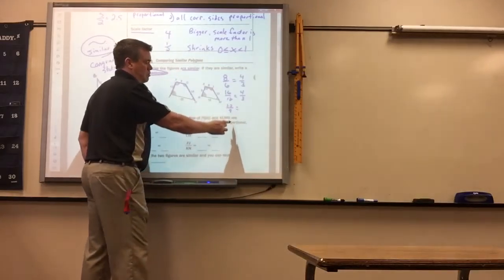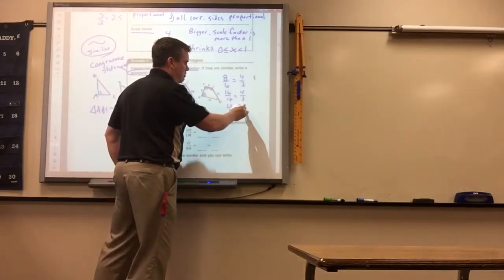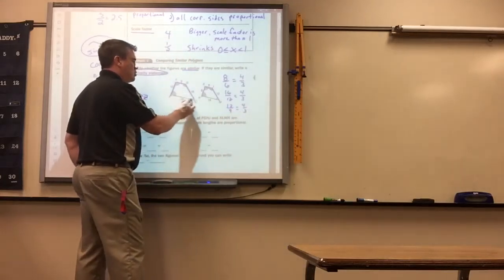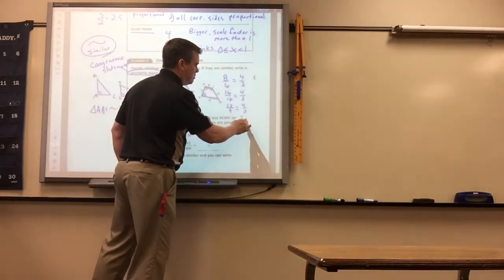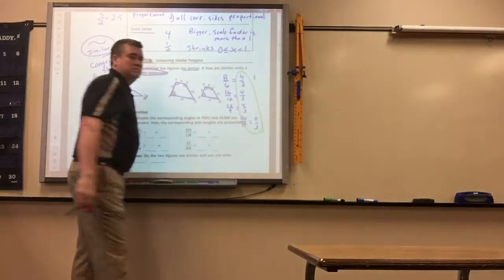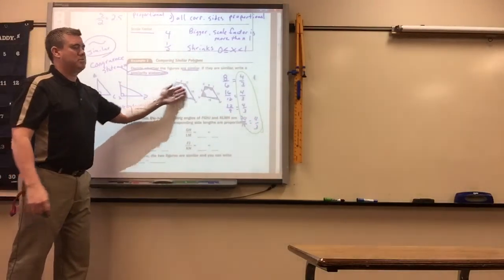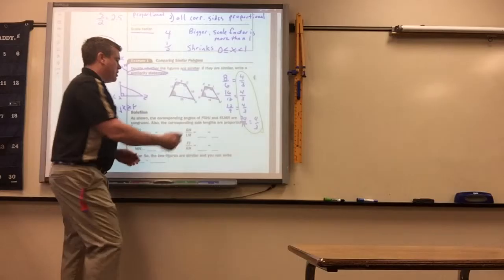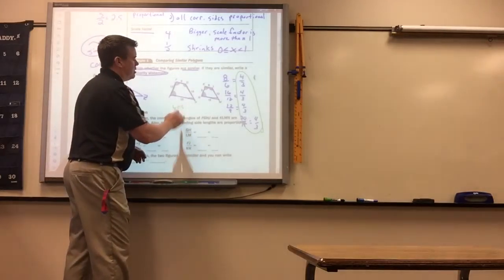You can divide both those by 3, and you get 4/3. And then 20 to 15. You can divide them both by 5, and you get 4/3. So all of them reduce to the same fraction, which means they're proportional. So that would be yes, these are similar.